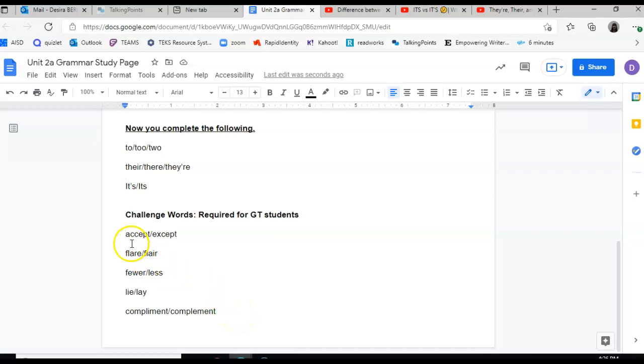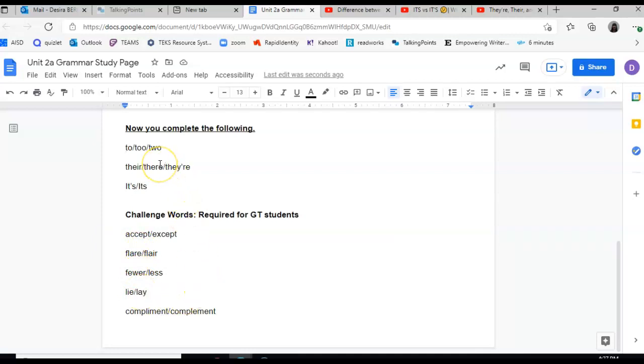However, they are required for gifted and talented students. So once again, gifted and talented students must do all of the words. Everyone else will be doing just these words. You can choose to do these words if you would like to challenge yourself and broaden your vocabulary.